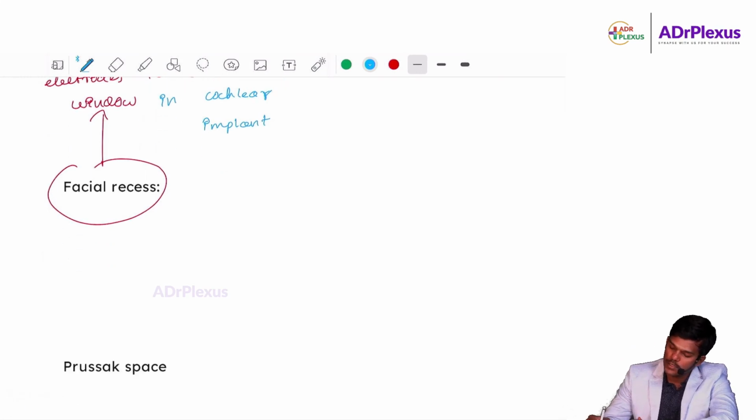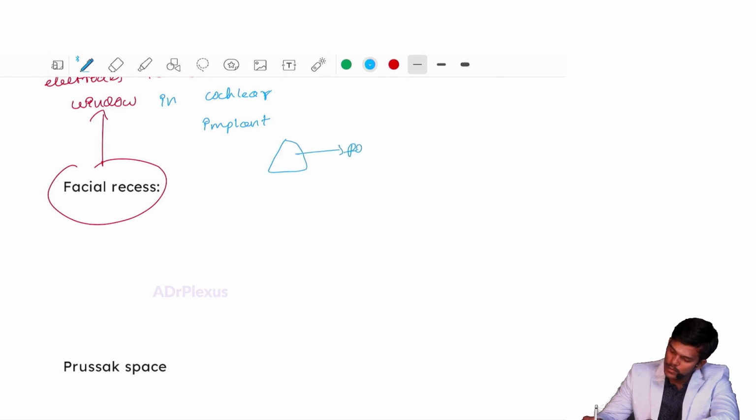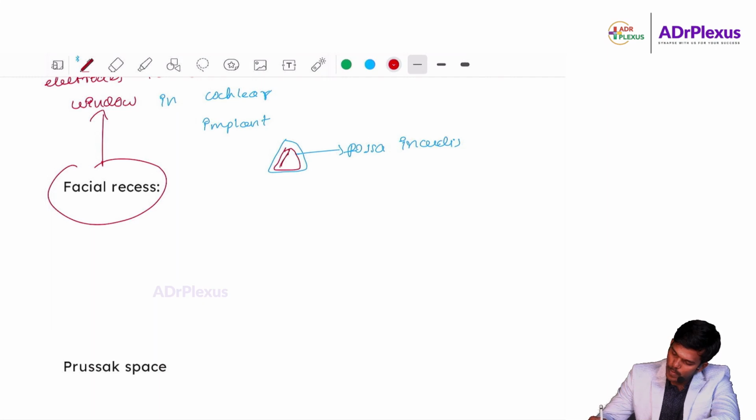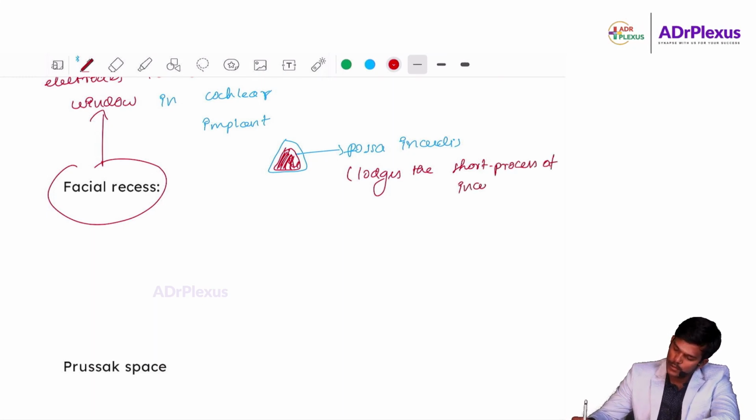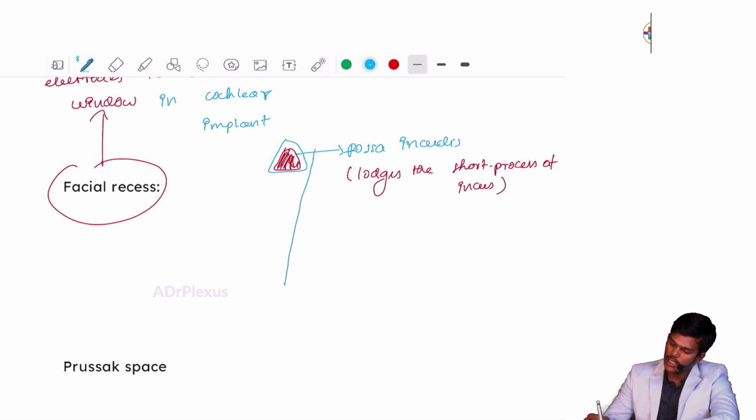First boundary is fossa incudis that lodges the short process of incus. Okay, you just remember this. Then facial nerve and then chorda tympani nerve.